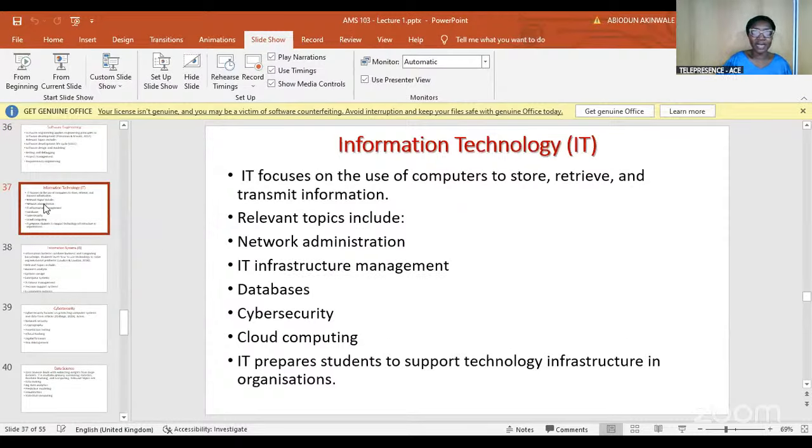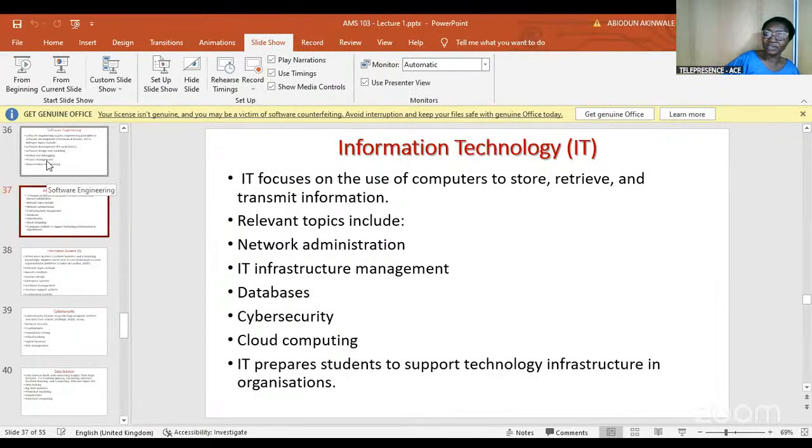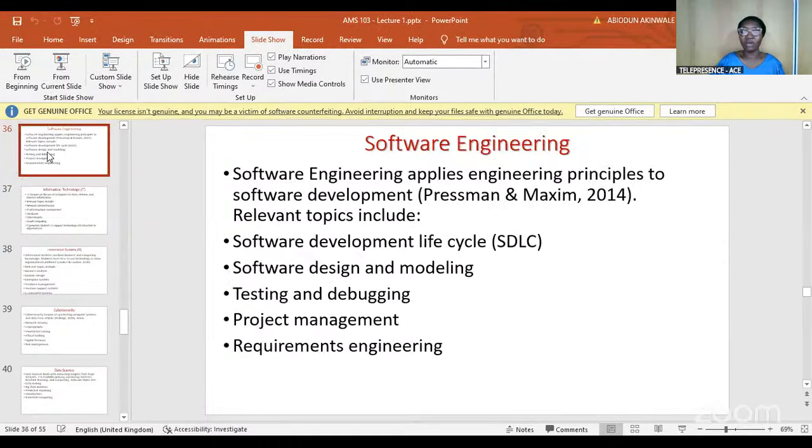By the way, what do we mean by testing and debugging? When you've written a software, does it achieve what it is intended to achieve? So you put it to test, run it. And then when you run it, you can see the code.